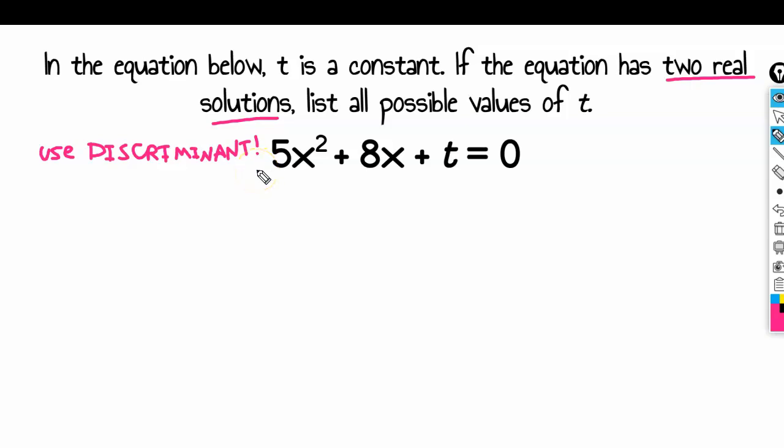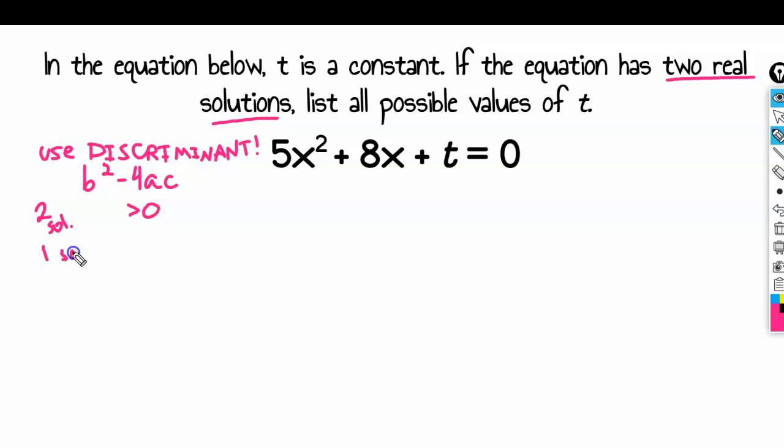what inequality you're using. So remember that our discriminant is b squared minus 4ac, right? If this has two real solutions, that means that it's positive, that it's greater than 0.